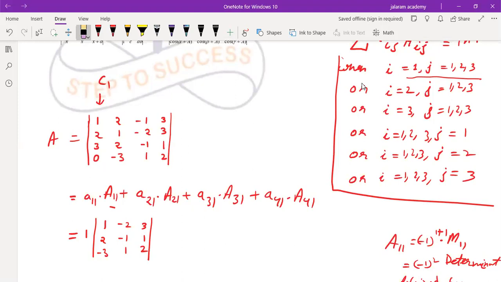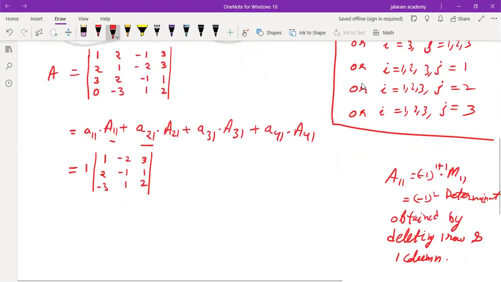Okay. Then we write plus A21. Now this term must be negative. Why? When we write the cofactor of A21, the element of second row, first column, it is 2 into minus 1 to the power 2 plus 1.